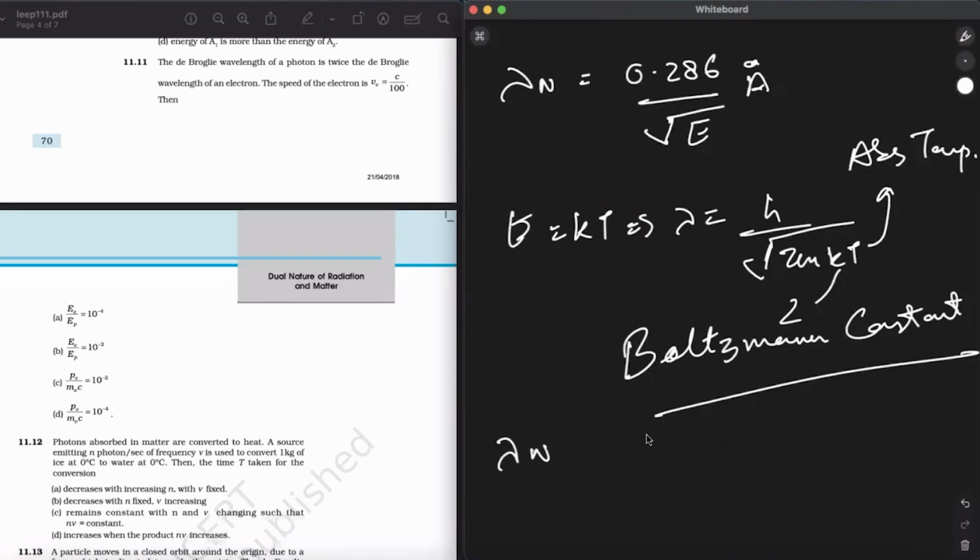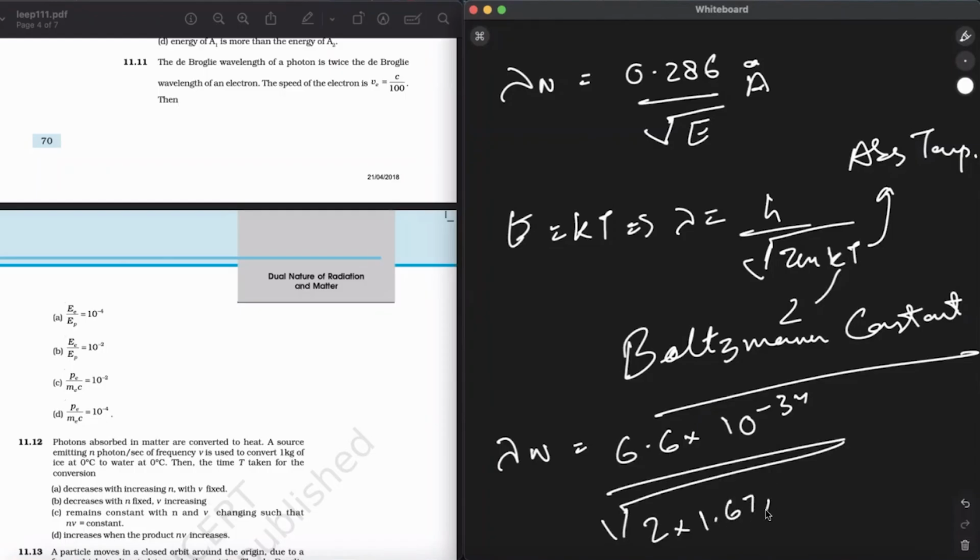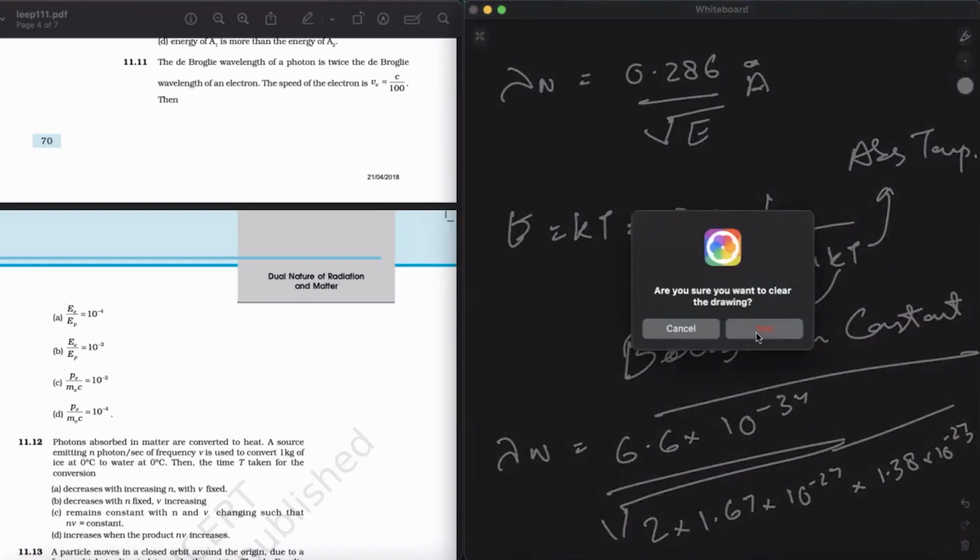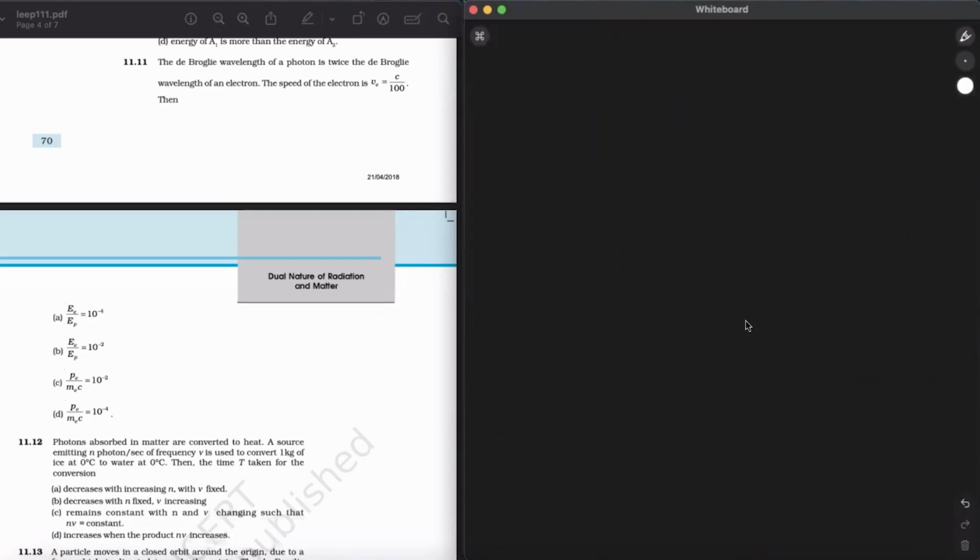So for lambda neutron, 6.6 into 10 to the power of minus 34 upon under root of 2 into 1.67 into 10 to the power of minus 27 into 1.38 into 10 to the power of minus 23. Let's calculate this. Wait a minute, I'll calculate it. 30.83 upon under root T angstrom.